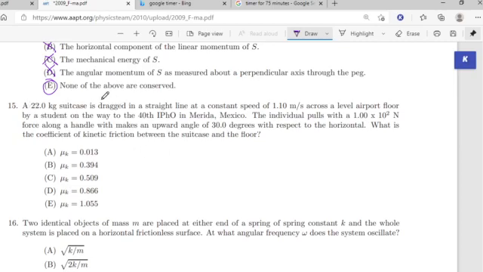A 22 kilogram suitcase is dragged in a straight line at a constant speed of 1.1 meters per second across a level airport floor on the way to the 40th International Physics Olympiad in Merida, Mexico. The individual pulls with a 100 newton force along the handle, which makes an upward angle of 30 degrees with respect to the horizontal.